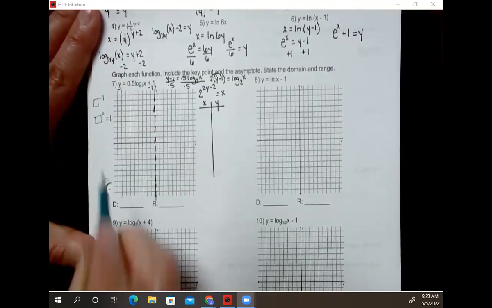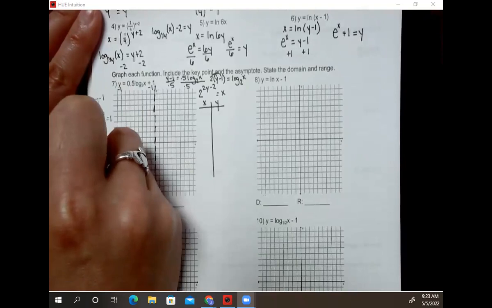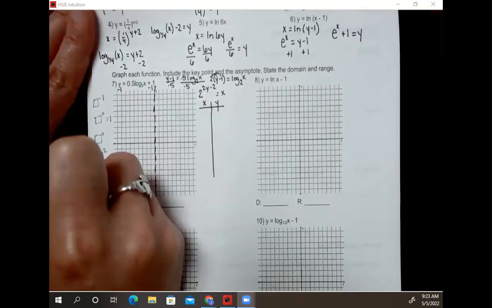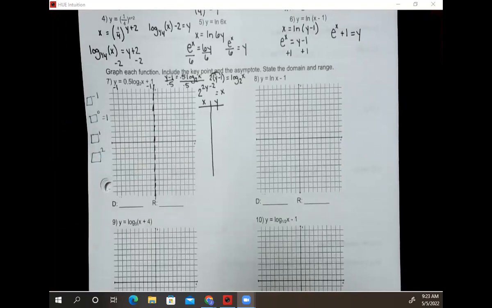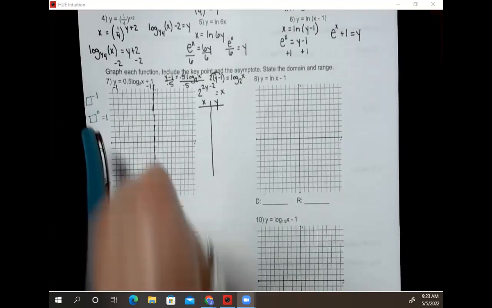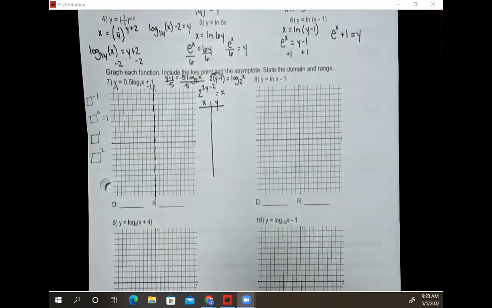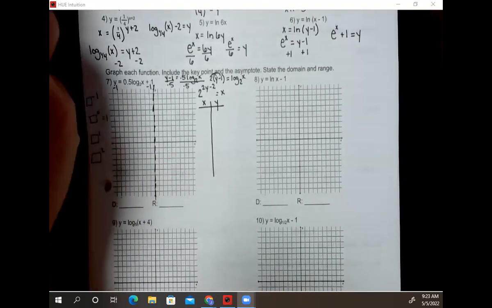No matter what it is. I also like something to the first power. That's not too bad. And something to the second power is usually not terrible, although some of our numbers when we square them can get kind of big. So if I had like 5 squared, that's going to be off my graph. So I try to stick with these 3. And I'll throw in a square sometimes if that's a reasonable number too.